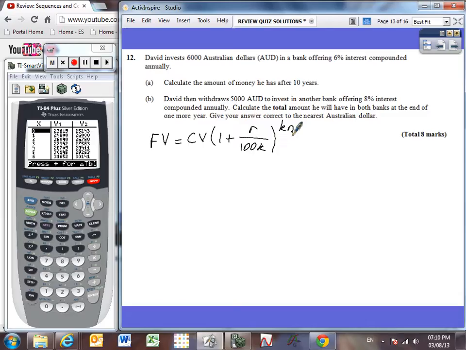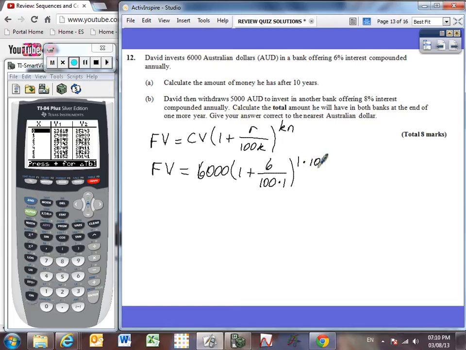There we go. Let's fill in everything that we know. So we're looking for the future value of the money. His initial value was $6,000. The interest rate is 6%, so 6 over 100. It's only compounding once each year, but it's going to happen for 10 years.